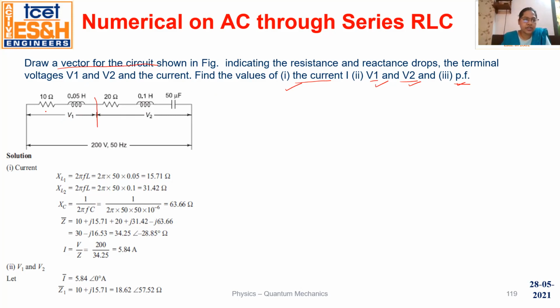So see here, this is R1. R1 is equal to 10 ohm and L1 is equal to 0.05 Henry, whereas R2 is equal to 20 ohm and L2 is equal to 0.1 Henry and capacitance is equal to 50 microfarad.